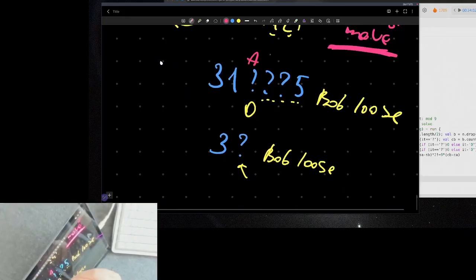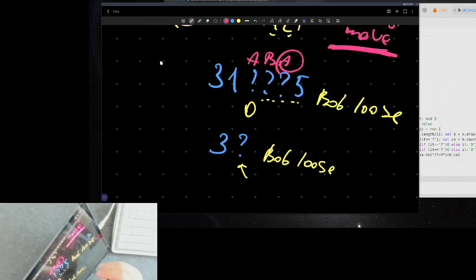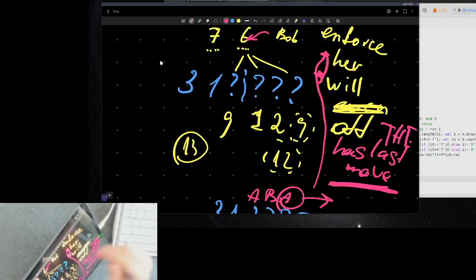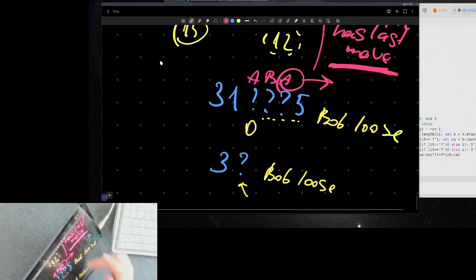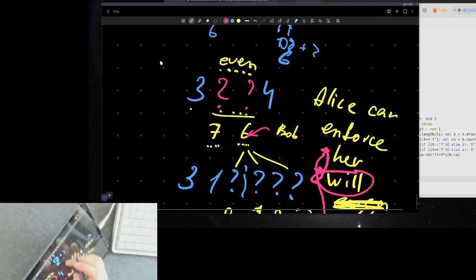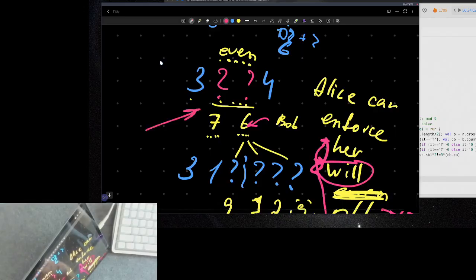So this is Alice, Bob, Alice, and this is the last move, and Alice can make everything for her own will. This is Alice's will, because whoever makes the last move decides if we can lose. She can make things worse, but the opposite state is when Bob has the last move, but Bob has a different task.